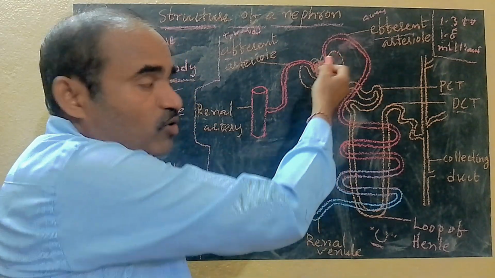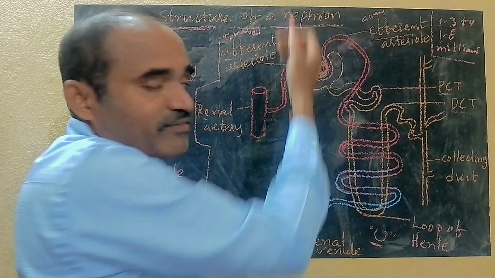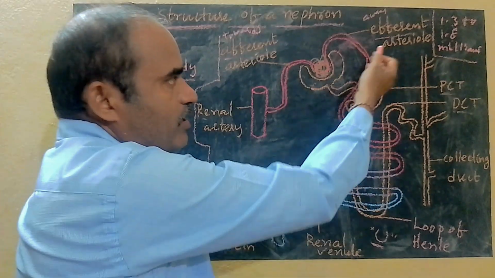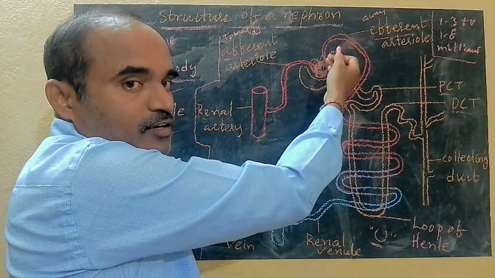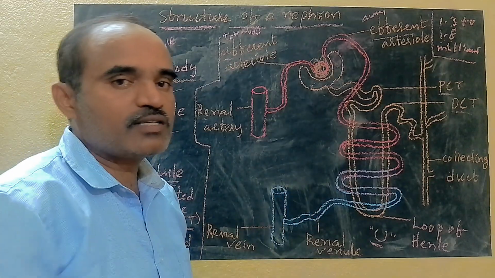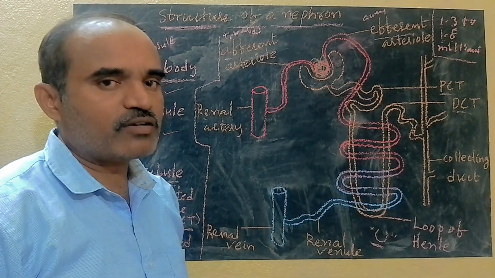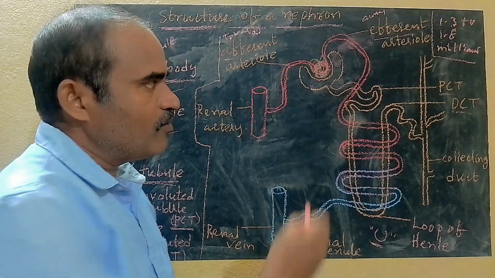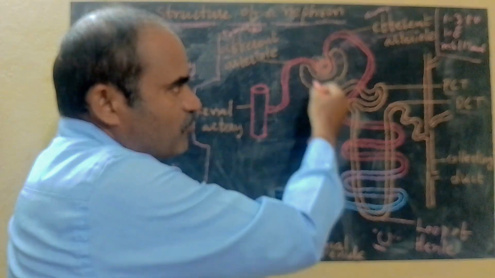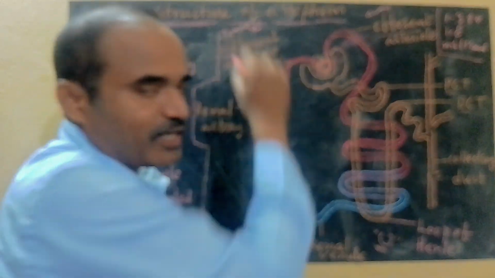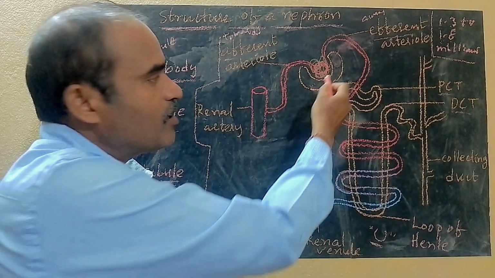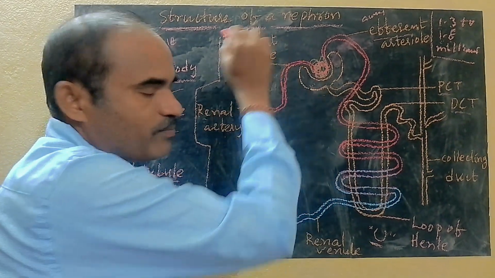Here, due to the narrowness of the efferent arteriole, the blood is filtered. So the glomerulus is called the filtering unit of the nephron. Then after filtering, the blood flows into the renal tubule.